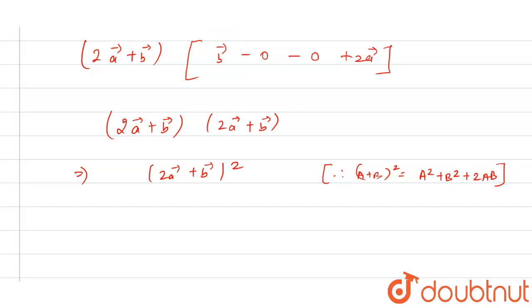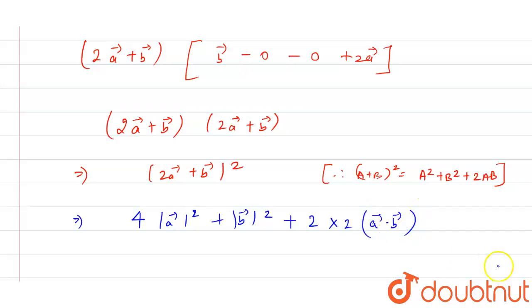Applying this here, we get 2a vector whole square, which is 4 times modulus of a vector whole square, plus modulus of b vector whole square, plus 2 multiplied by 2a vector dot b vector.